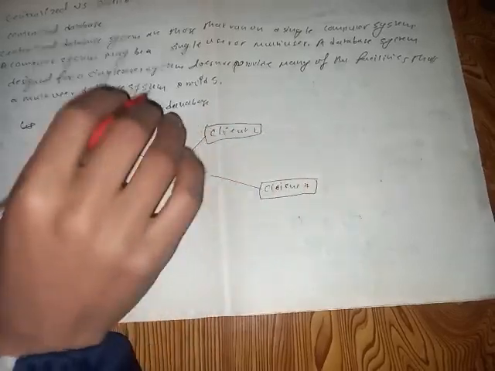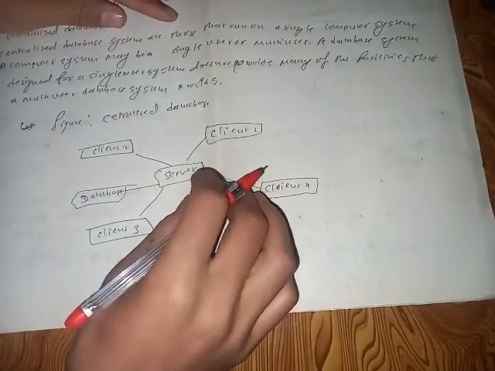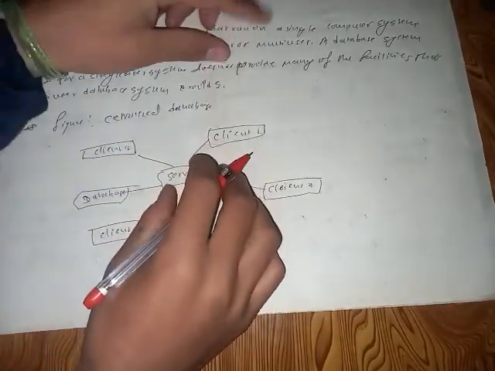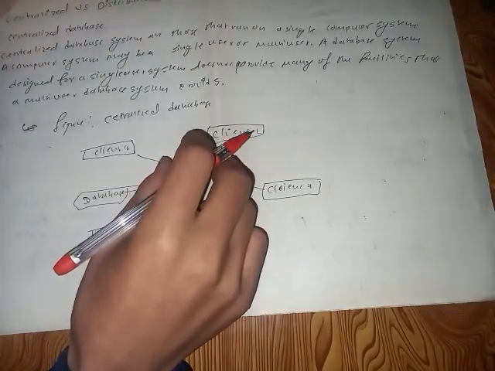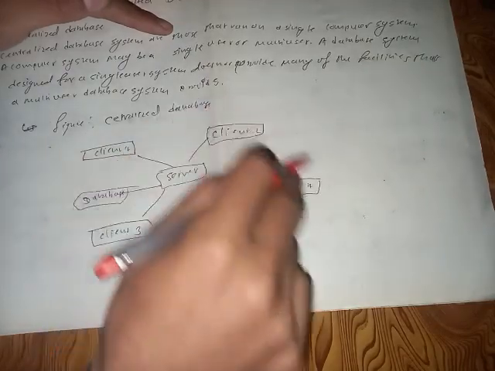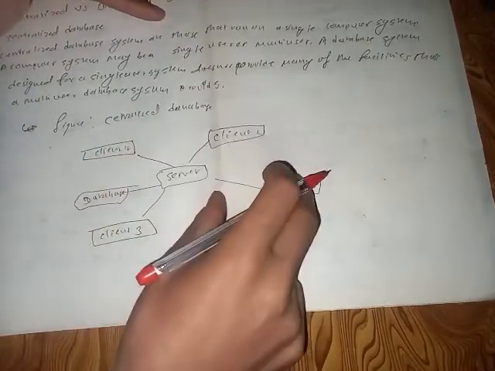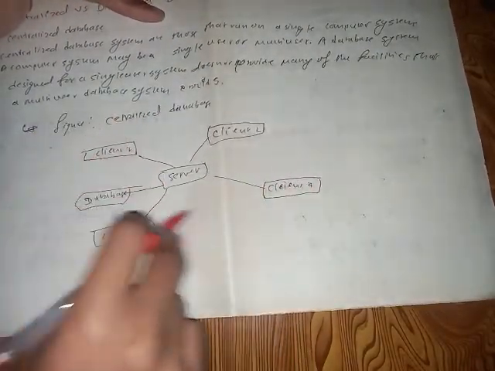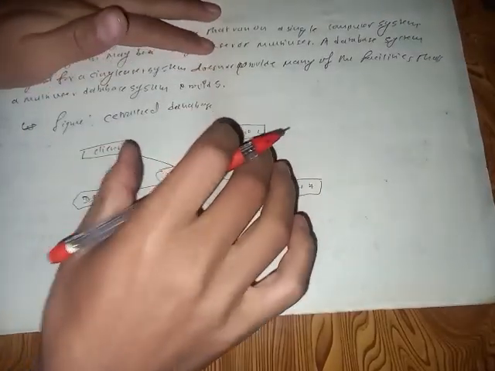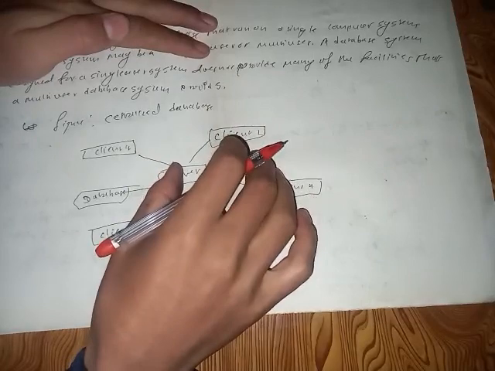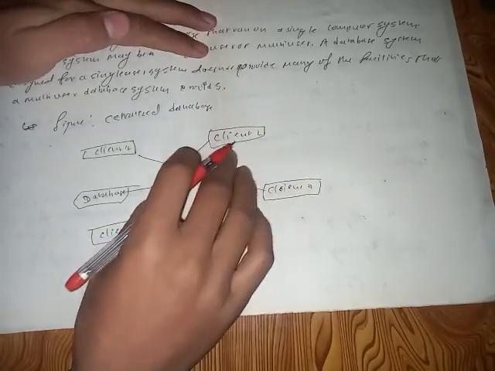It is most important, and this centralized database system is one that runs on a single computer system, or the computer system may be single user or multi-user, or a database system designed for a single system does not provide many of the facilities that a multi-user system provides.